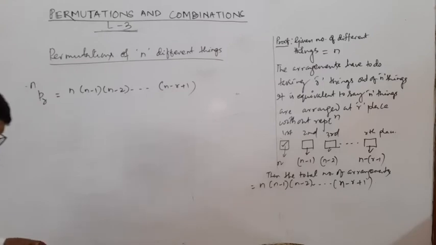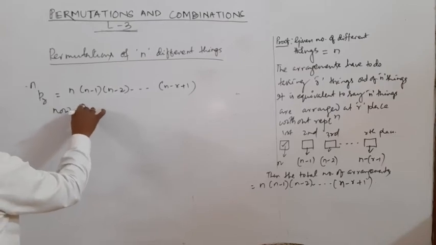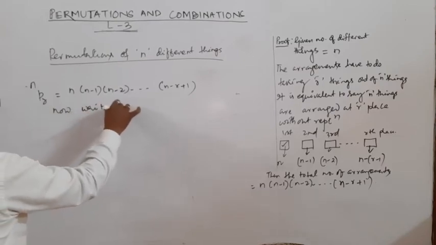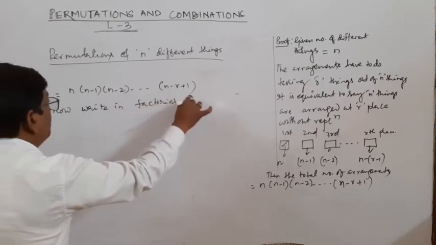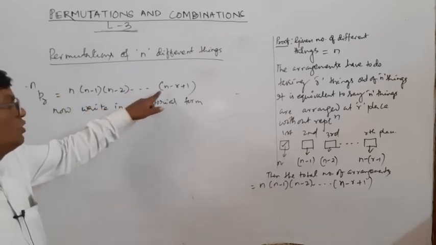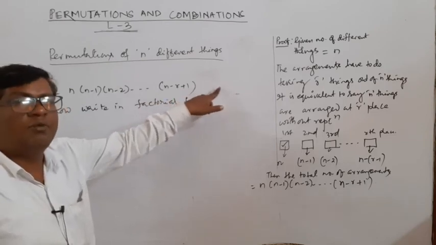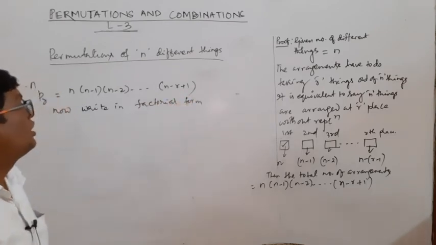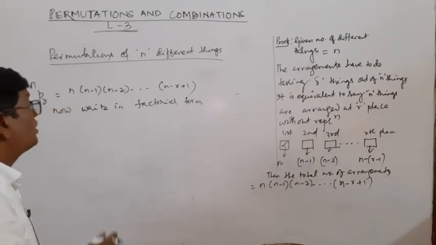We have to convert it into factorial form. For factorial form, after n minus r plus 1, we need n minus r down to 1. So the requirement is n minus r factorial.